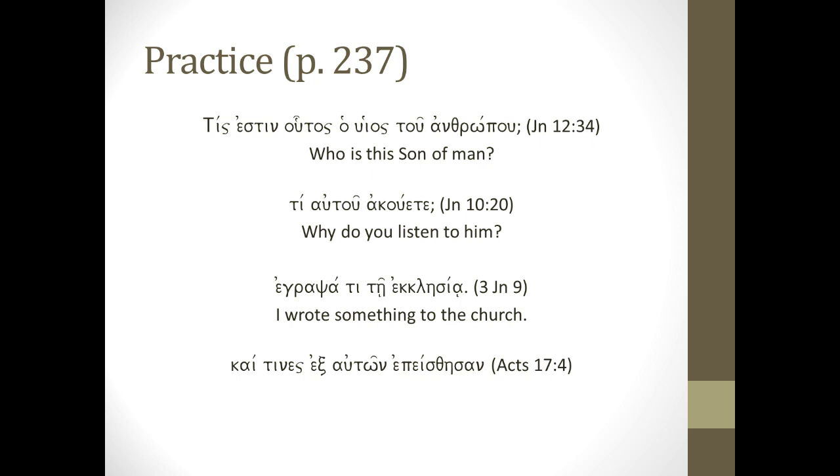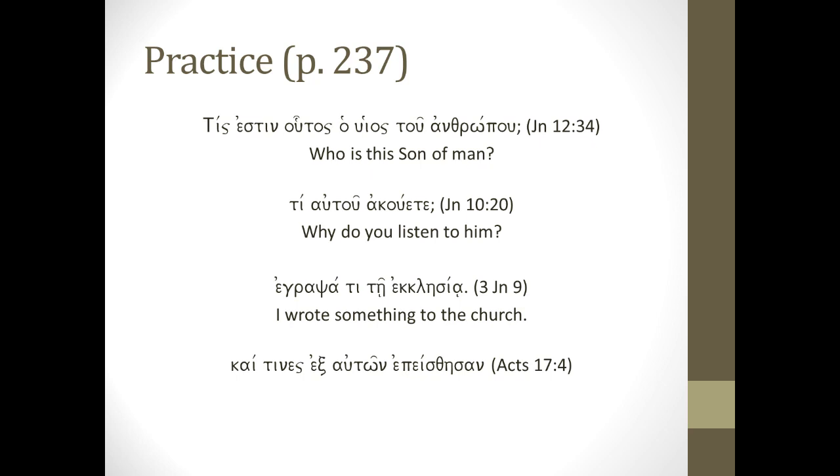Kai tines ex auton episteson. Kai tines, there is no question mark at the end of this, so I know it's not a question. It begins with a kai, and the pronoun is not at the beginning of a sentence, so there's a good chance here it's not a question. And so in this case, I would actually translate this as and certain ones of them, because this is my tines.